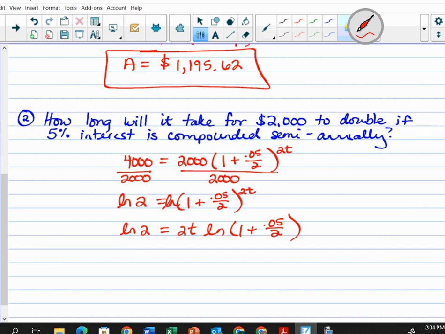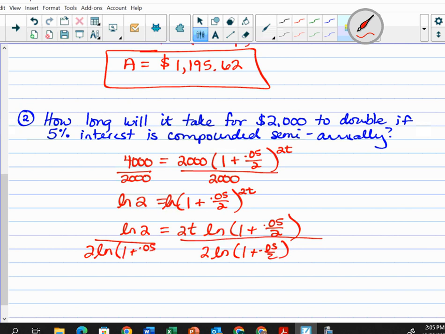You following me? Yes, this actually makes sense. How do I get the t by itself now? Divide by all of that stuff. We are literally going to divide both sides by 2 natural log 1 plus 0.05 over 2. All of that.